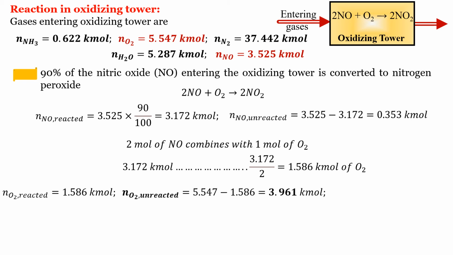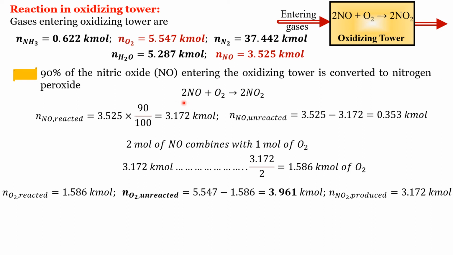So we can write oxygen reacted equal to 1.586, and oxygen unreacted can be estimated, that is 3.961. And we can also find out the amount of NO2 produced during this reaction.